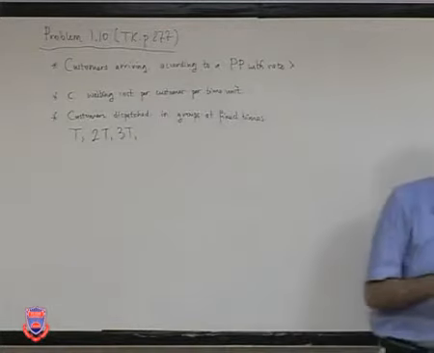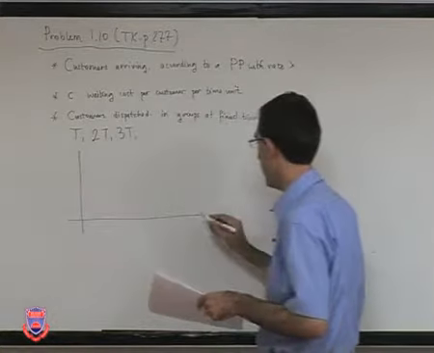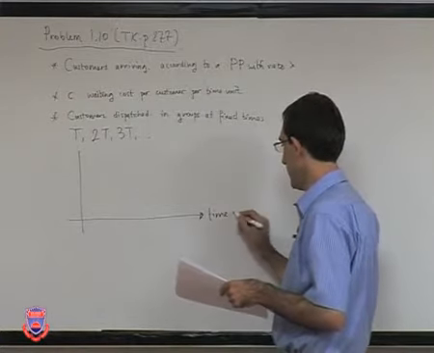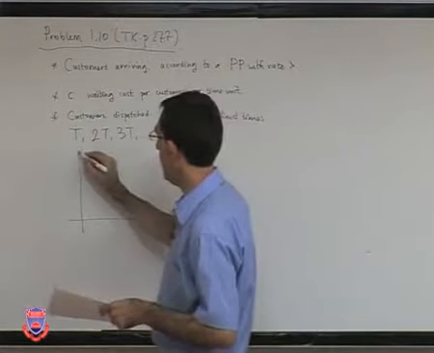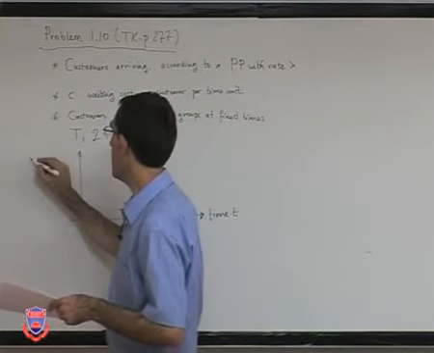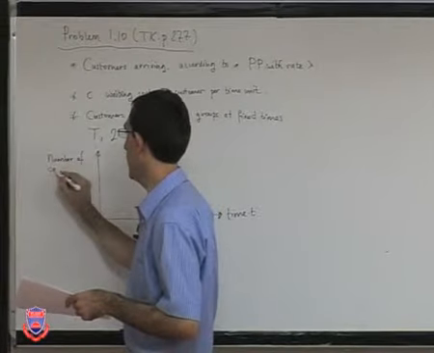Okay? So we can draw a picture and visualize what is going on. Let's put time on the horizontal axis, and on the vertical axis the number of customers waiting in the facility.